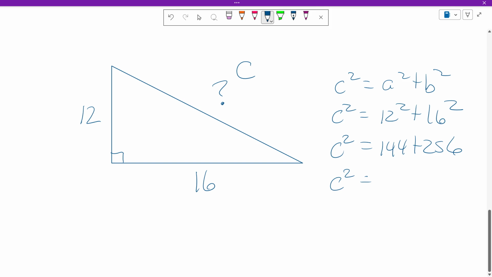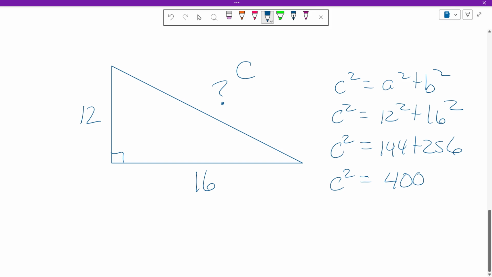What's 144 plus 256? Do it without a calculator once. I got this, guys. Maybe 400. Exactly 400. Ben got it first, Elmer got it second, and Braden came in third, which is just fine.